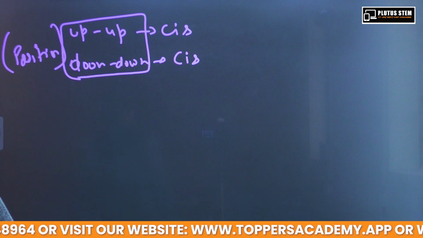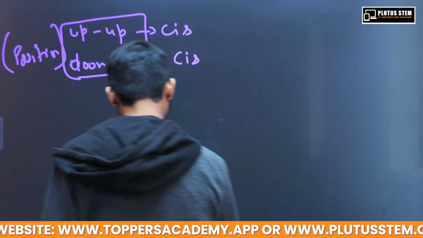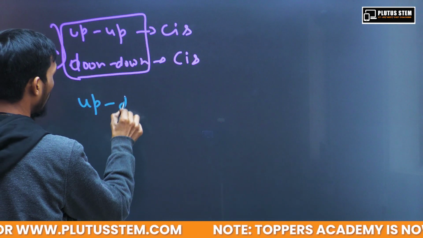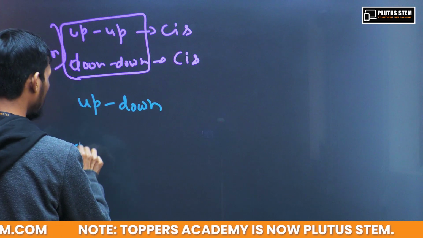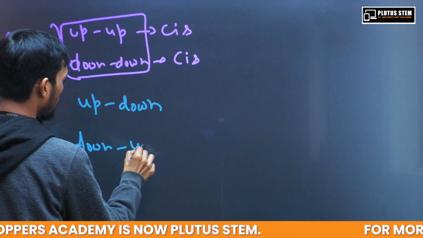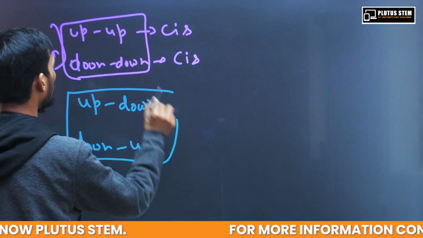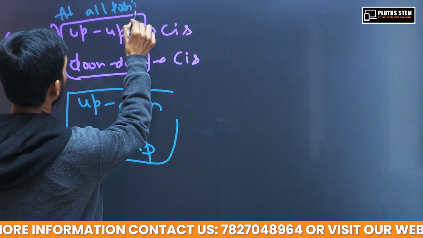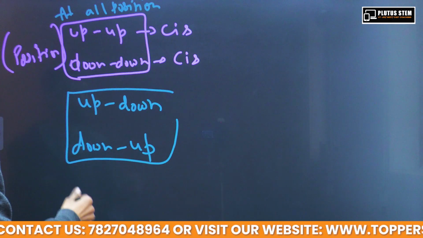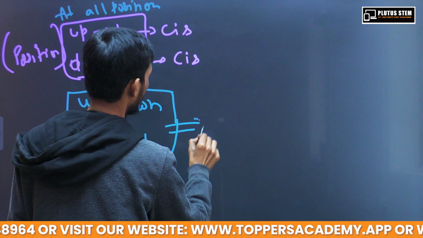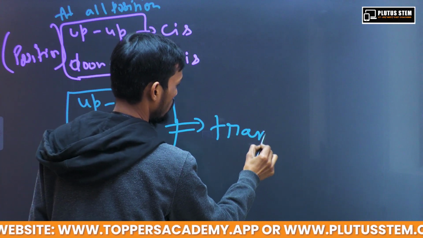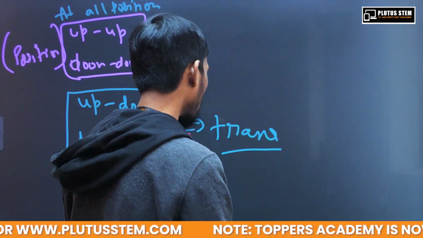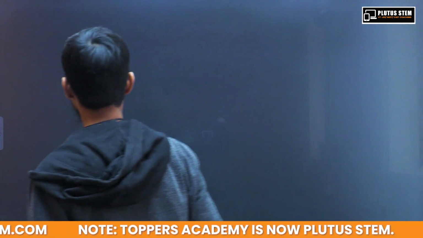But the positions which have one position up and another down, or the first position is down and another is up, in any situation at all positions, up down or down up, they will be termed as trans. So we are going to see one by one these different positions and their cis-trans relationship.